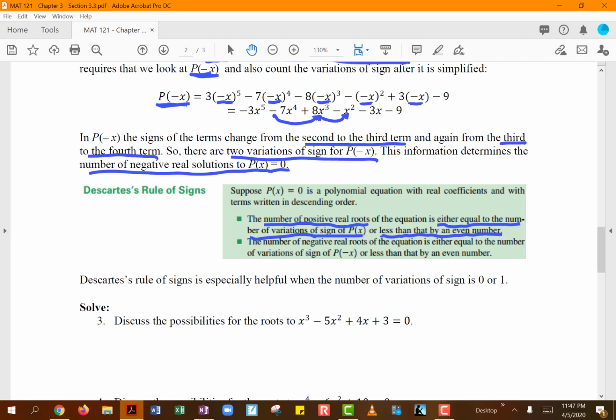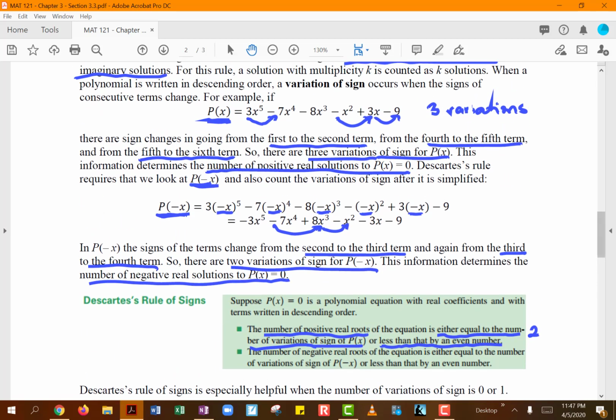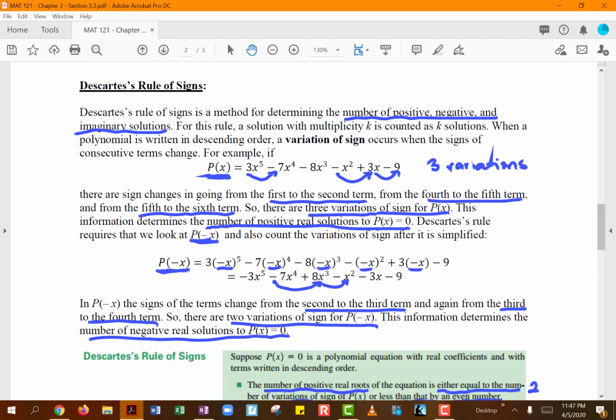Which means you can start reducing them by 2. So if I have 3 variations and I reduce it by 2, that means you can have 3 positive real roots, or you can actually only have 1. And let me try rewriting that.